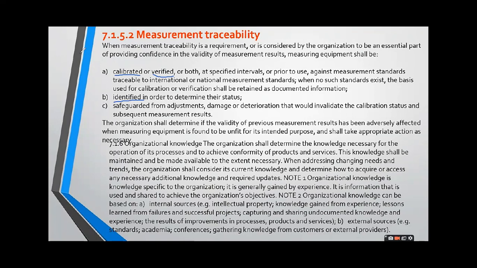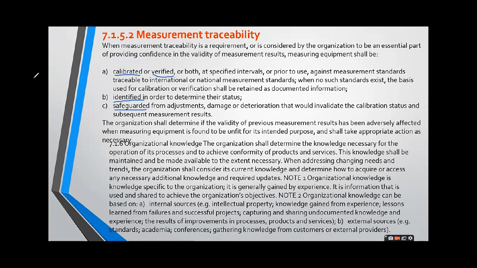In the identification part, part B, all the measuring equipment needs to be identified so that you can easily track it and its calibration status, and distinguish between the equipment. The third part is safeguarding. Safeguarding means the equipment must be protected from adjustments, damage, or deterioration that could invalidate the calibration and subsequent measurements.